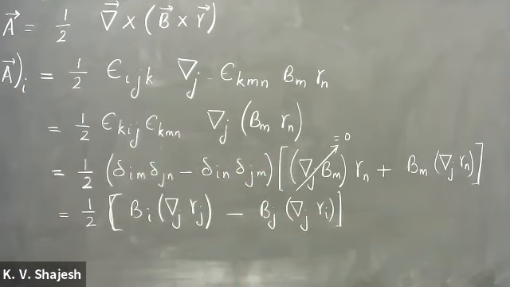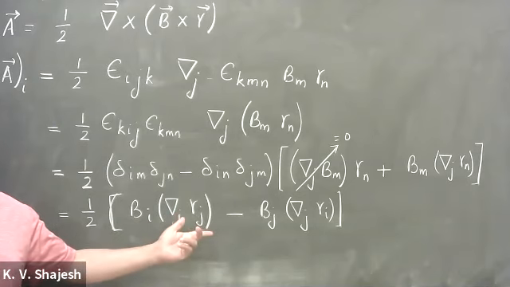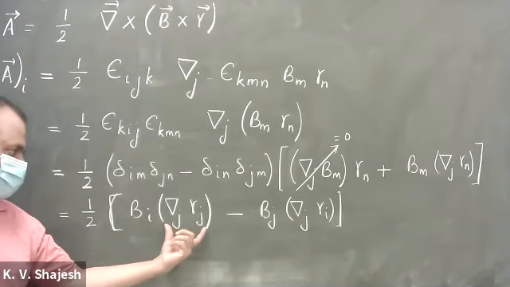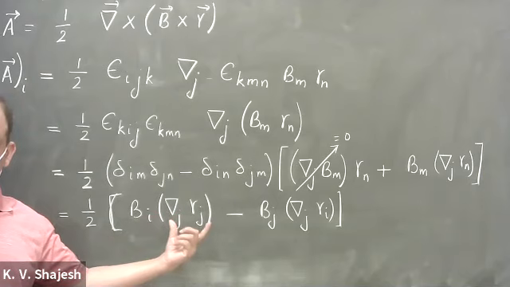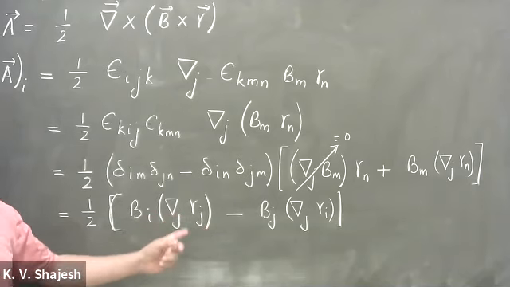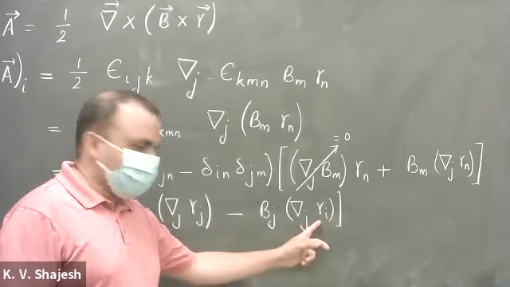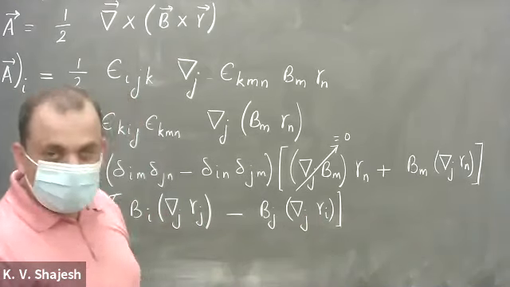Is that clear? What is this? The gradient j of R j. How much is that? This parenthesis alone? It's 3. That's correct.